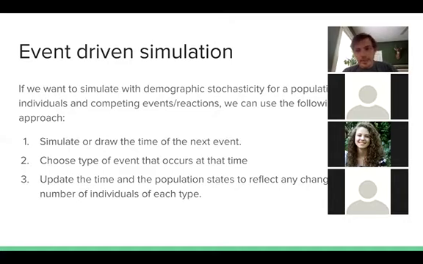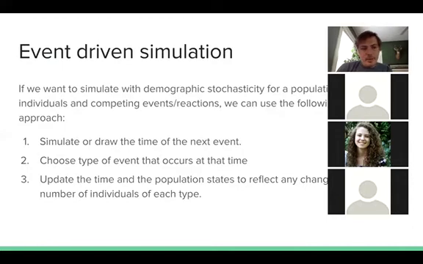So there's a very simple way of doing this, and it's basically a three-step process that gives rise to what's known as the stochastic simulation algorithm, which is very generally used across basically all of the sciences, both the physical sciences and the life sciences. And so it's a three-step process. We'll go through these one by one.